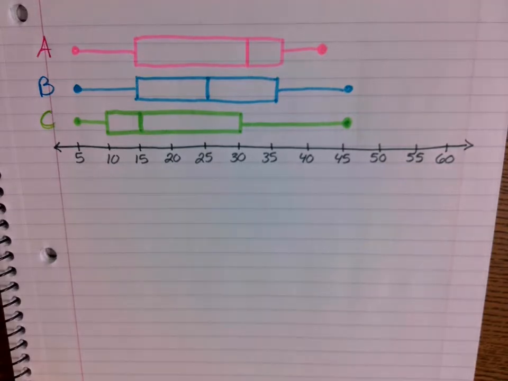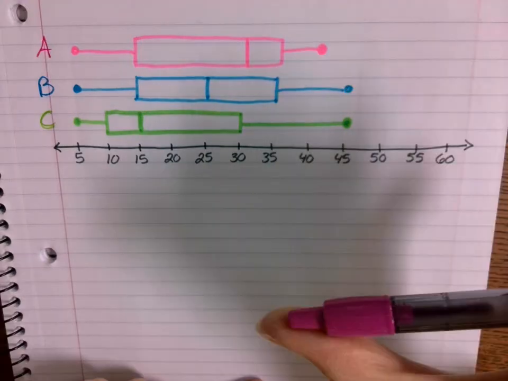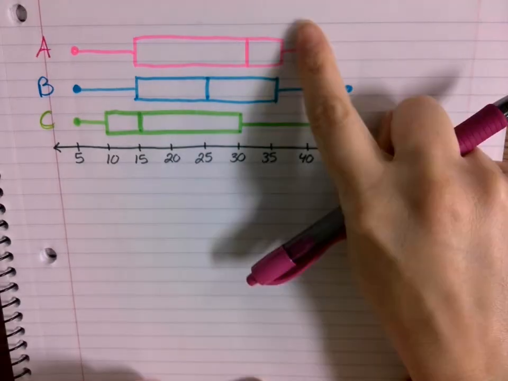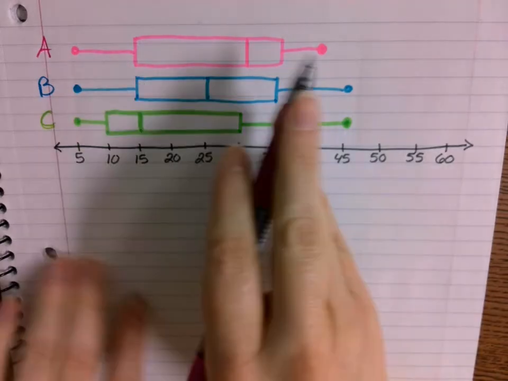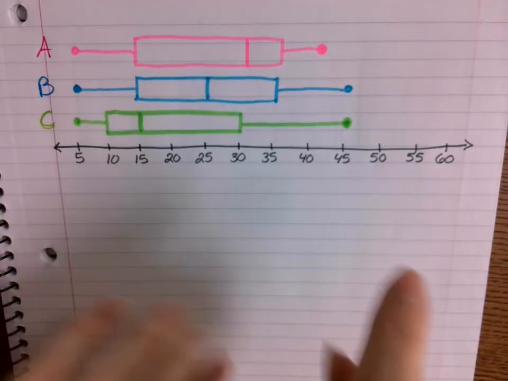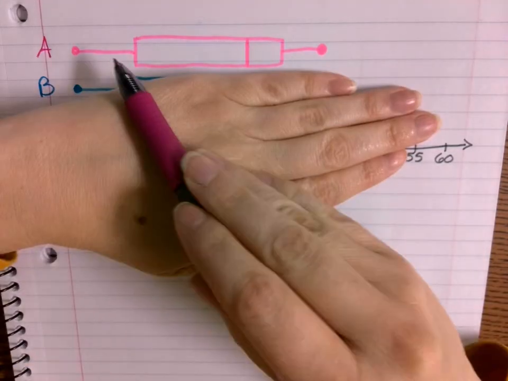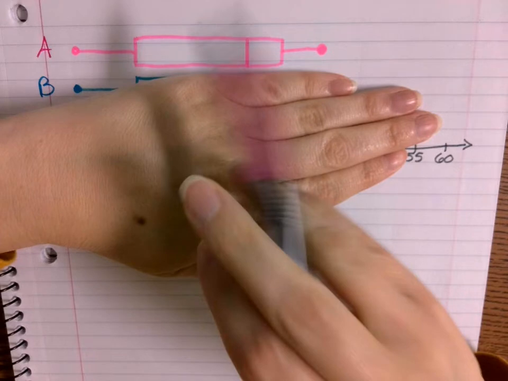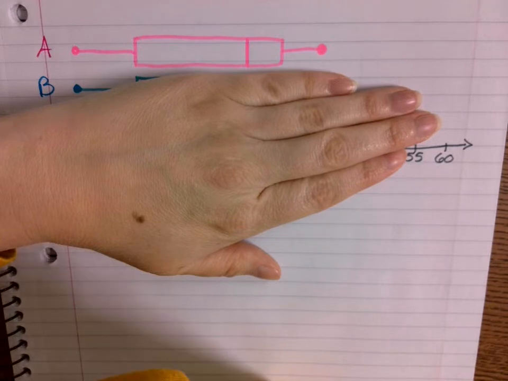All right, let's go ahead and take a look at these. For the very first box and whisker plot A in pink, let's discuss the look of it, the symmetry of it. If you're looking at just this box and whisker plot, does it look symmetric to you? Symmetric meaning that if you were to look at the lower 50%, is it going to be resembling the upper 50%?